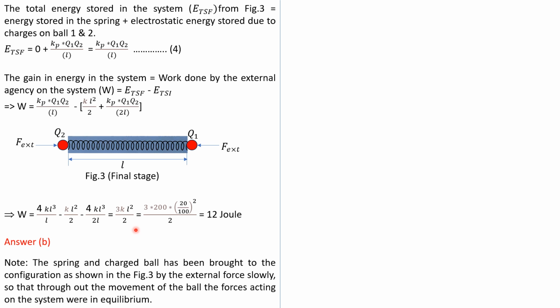Now finally we can put the value of K and L. L is 20 centimeter, but we have to take it in meters, so 20 by 100 squared, divided by 2. You will be getting the answer as 12 joule. 12 joule is given in answer option B, so option B will be correct.